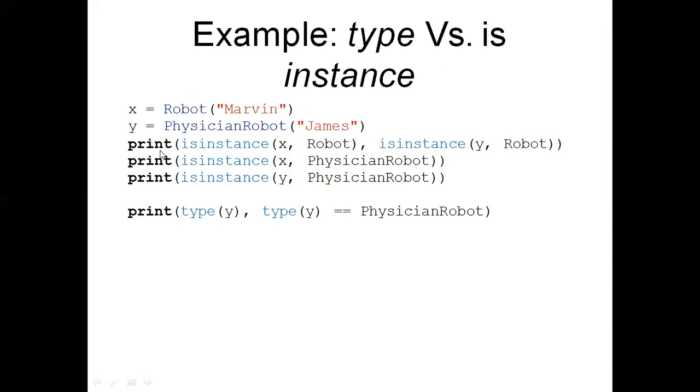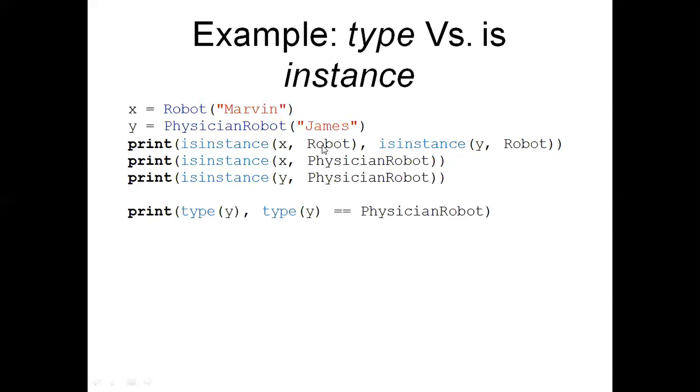Now let's talk about the print statements. I am checking here isinstance(x, Robot) and isinstance(y, Robot). I told you earlier that this will yield an answer as a boolean value. Now let us see how these boolean values will reflect here. Another print is isinstance(x, PhysicianRobot).